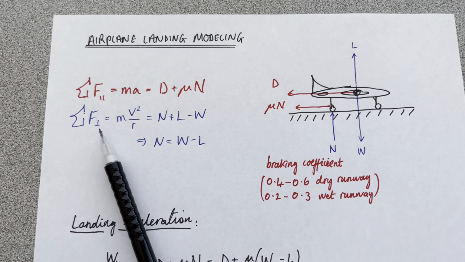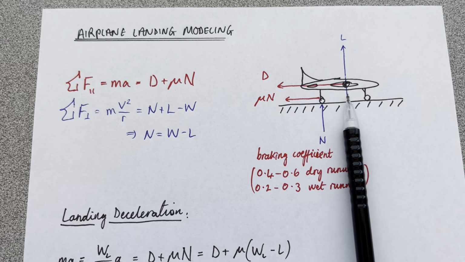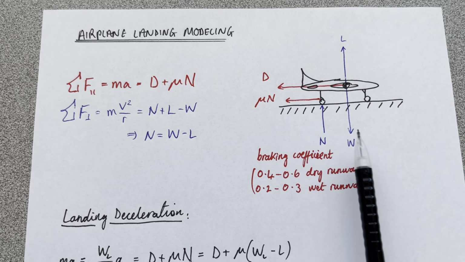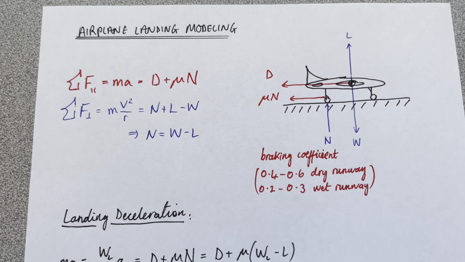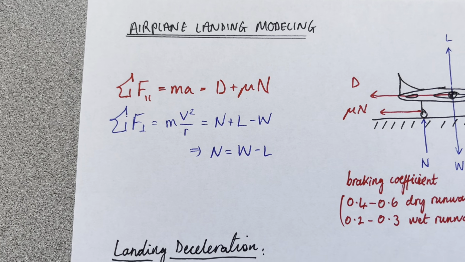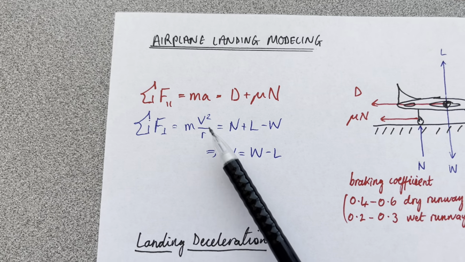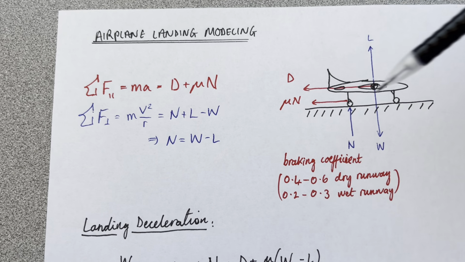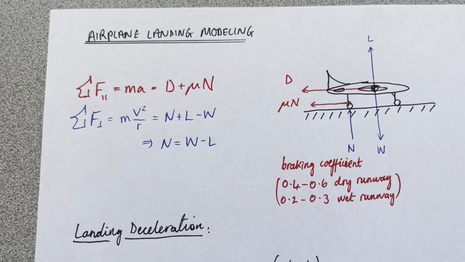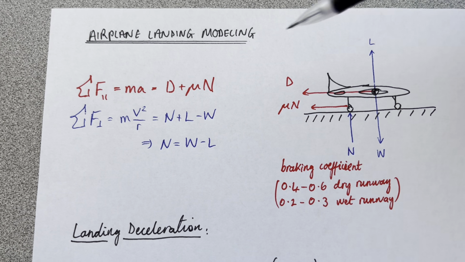Then summing forces perpendicular to the runway, we've got positive L, positive normal force, and then negative weight. Again, this v squared over r represents our centripetal acceleration, where r is the radius of the arc if the airplane is pitching or has a circular flight path.